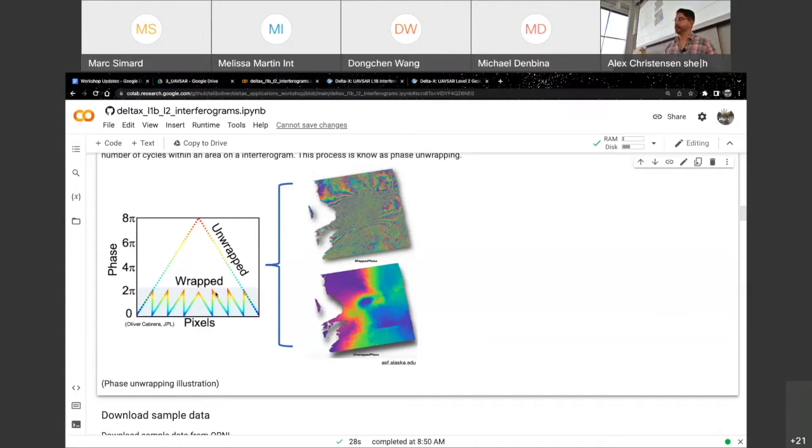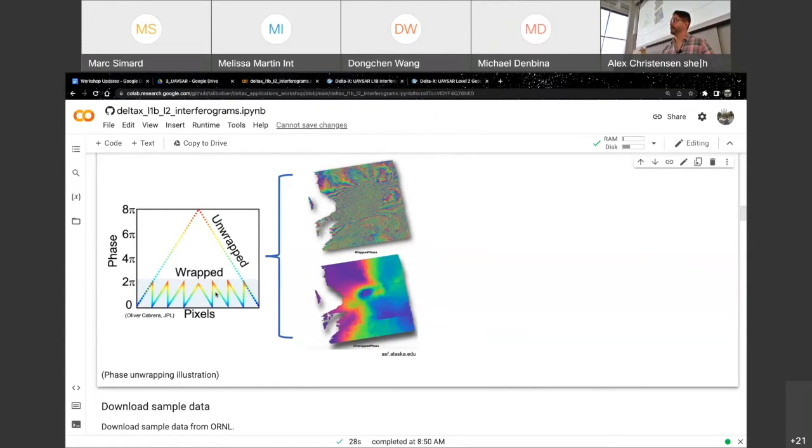I think maybe it's very complicated to explain what actually happened between the unwrapped and wrapped, like this technical question. But on this picture on the right side, we have these two pictures. The two on the top are the wrapped one, and on the bottom is the unwrapped one.